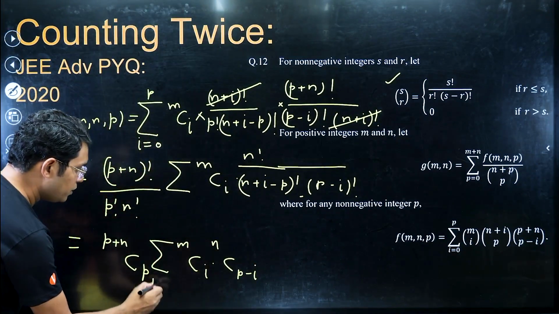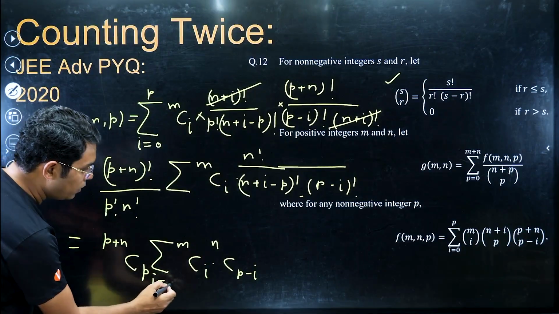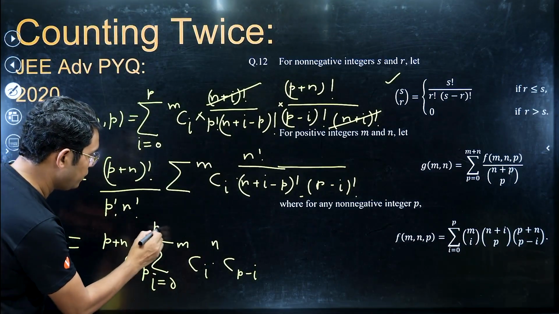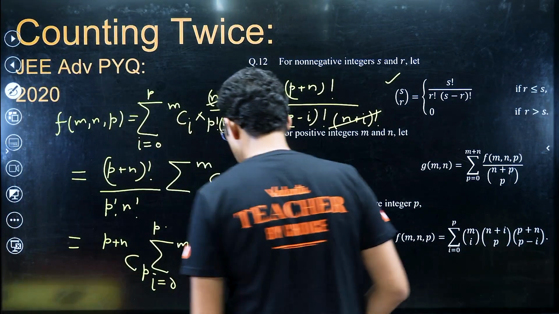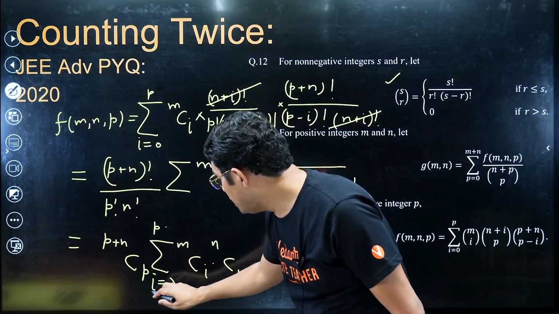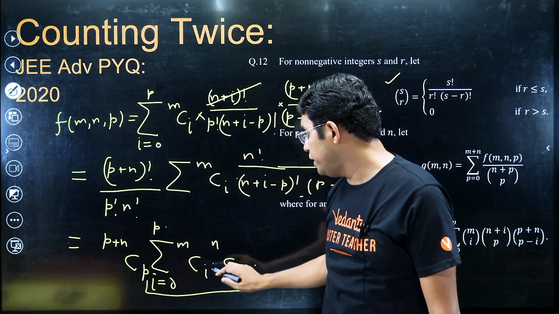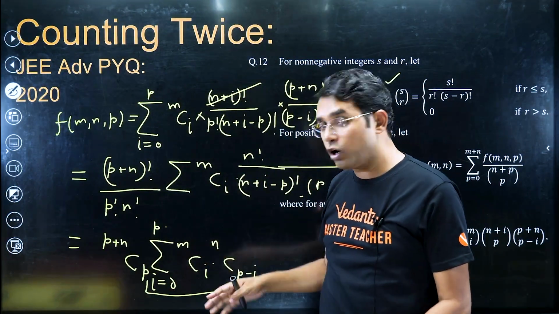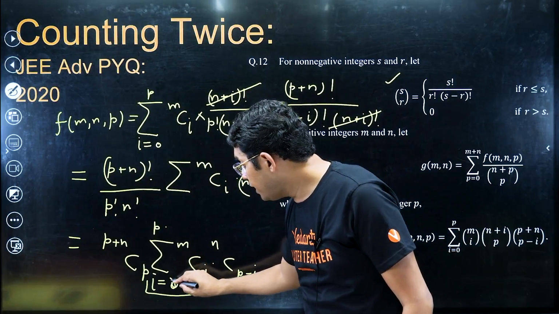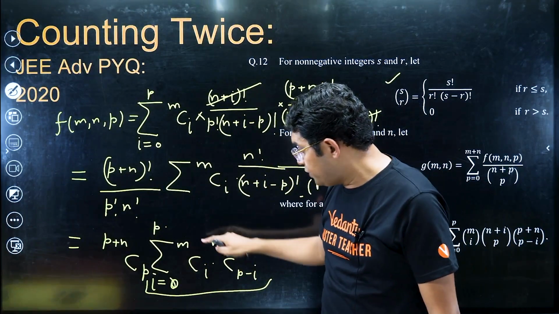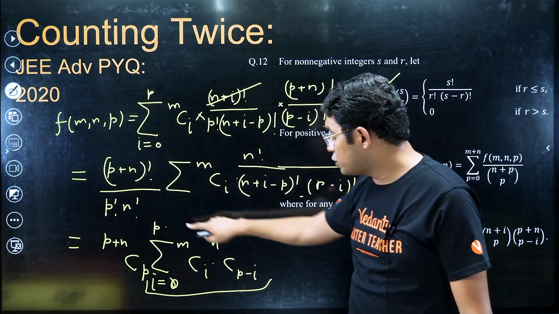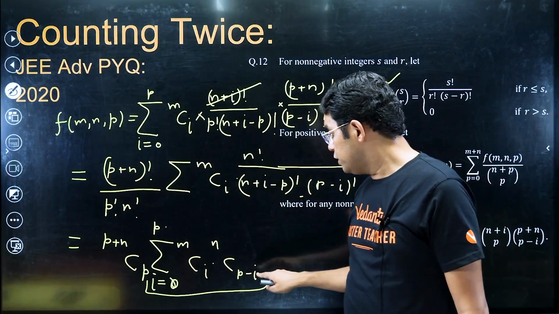Okay. Now the identity which I was talking about just now, i is equal to 0 to p. So we are keeping all possible values of i here from 0 to p, because this mCi will not be defined if i is taken any value lesser than 0. The value of this starts with 0 only, and here also if I take the highest value of i, this will take value 0.